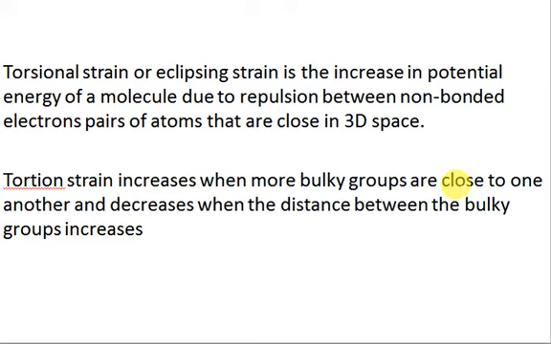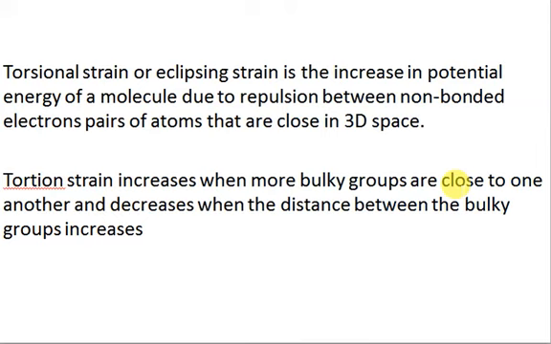The second type of strain was steric strain. Steric strain is because of the bulkiness of the groups. If 2 groups are not directly bonded to each other but come closer together in 3-dimensional space, then because of their closeness they tend to repel each other, and because of repulsion, the potential energy increases.